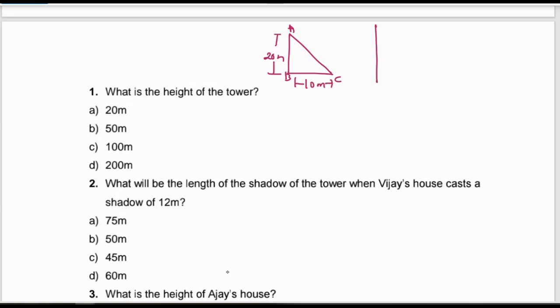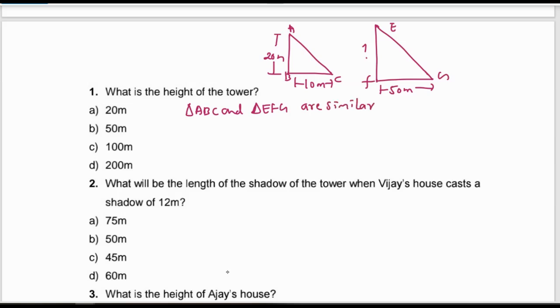The other one is the tower, whose shadow is 50 meters. Let me take it as E, F, and G. Let me consider the triangles ABC and EFG.